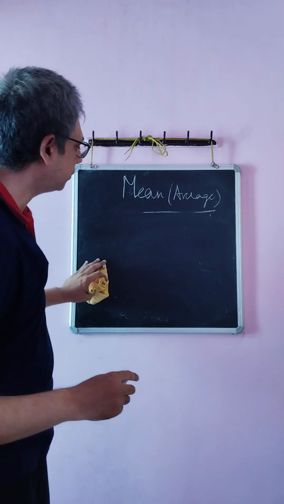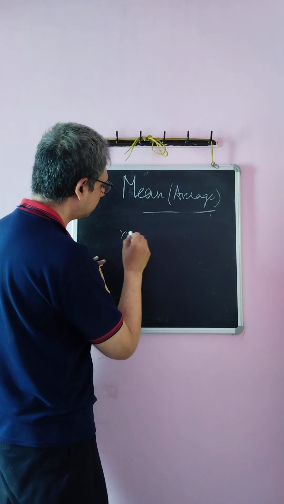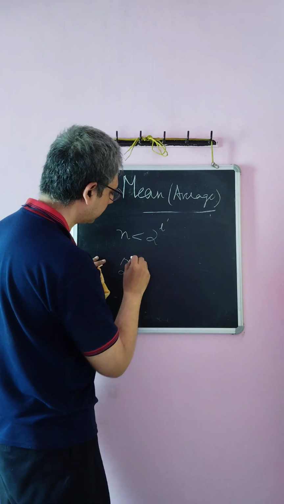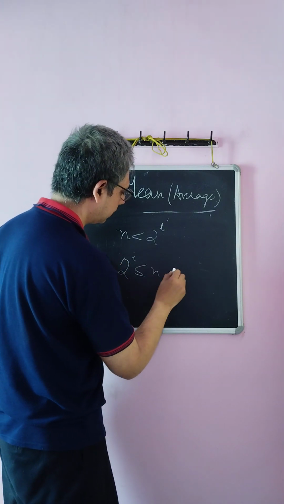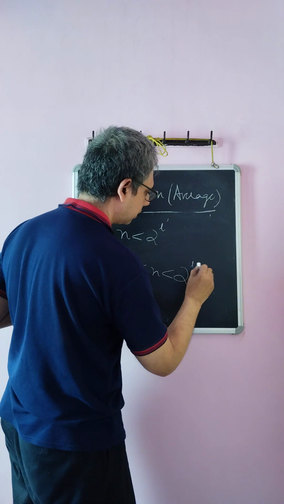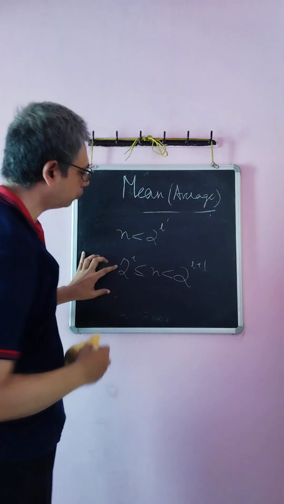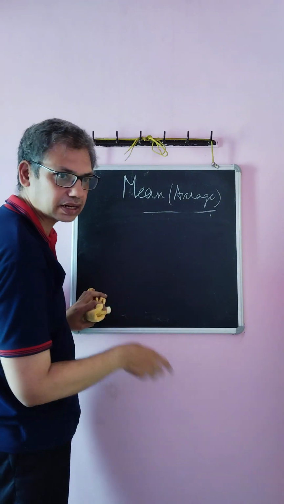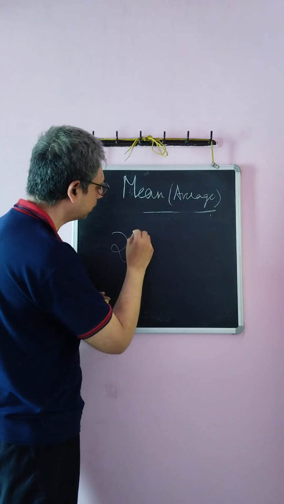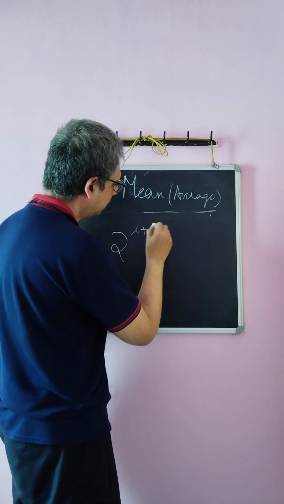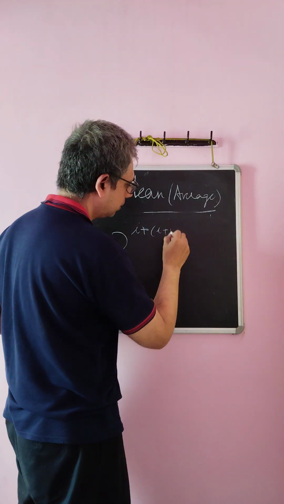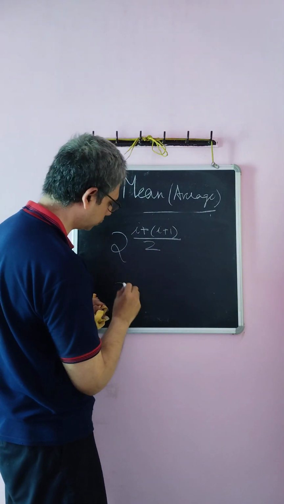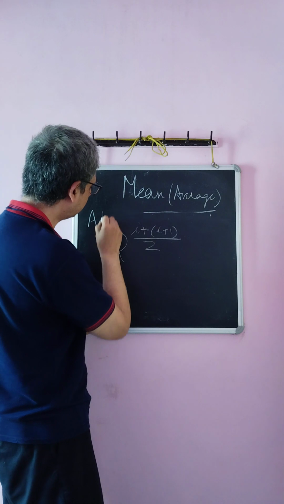Now we know that for any number n less than or equal to 2 power L dash, there exists a unique I such that 2 power I is less than or equal to n, which is less than 2 power I plus 1. Now instead of taking the mean of 2 power I, we can radically improve the lossless compression by taking the mean of the exponent I alone. In this case, even the arithmetic mean will give excellent lossless compression: 2 power I plus 1 by 2 for the case of the arithmetic mean.